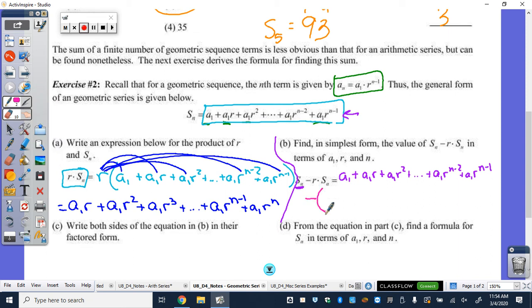Then we're going to subtract from it the answer we just got from part A. So s sub n minus r times s sub n.